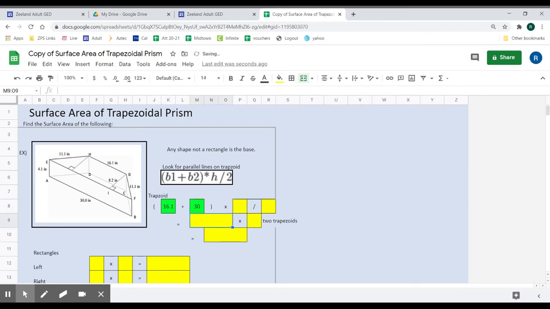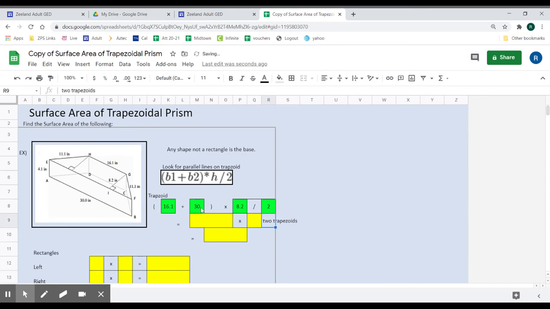So 16.1 plus 30 times the height of the trapezoid, which is 8.2. And then you're going to divide by 2.